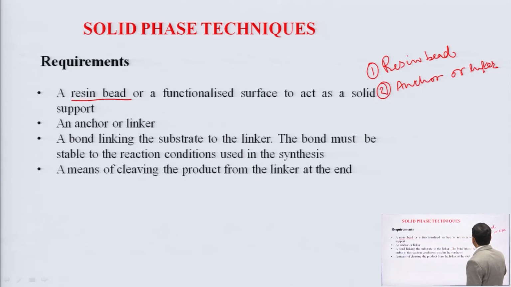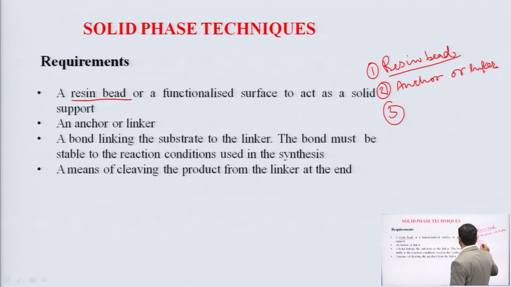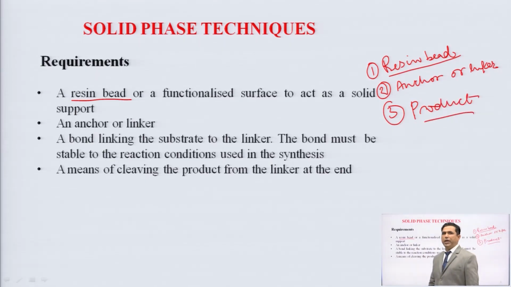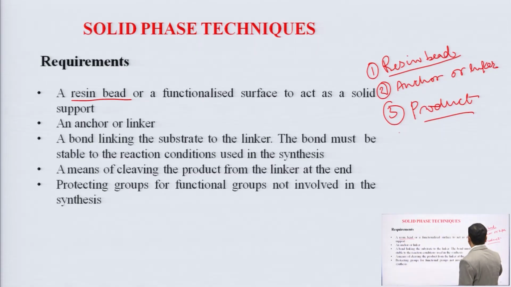Whatever product is formed in this reaction, where we are using the resin bead, anchor or linker, we have to remove the anchor or linker at the end when the reaction is completed. Now, the next thing is the protecting group.